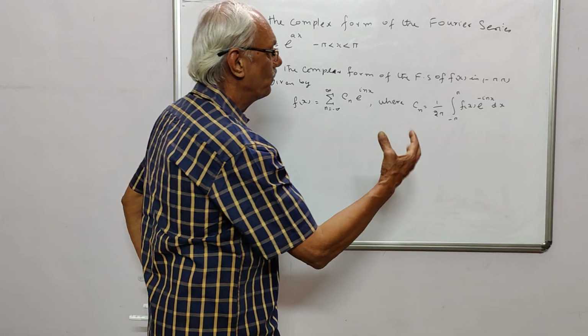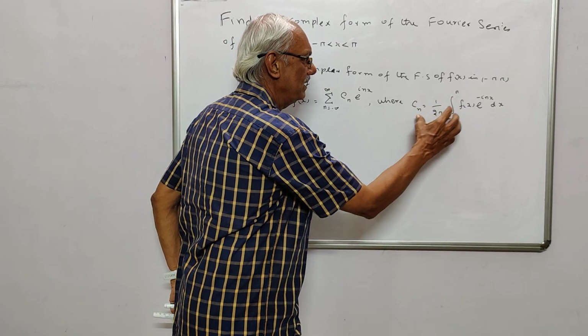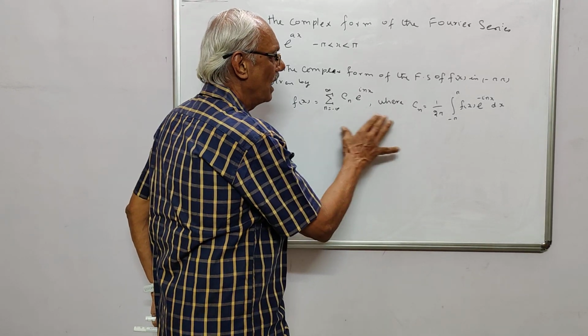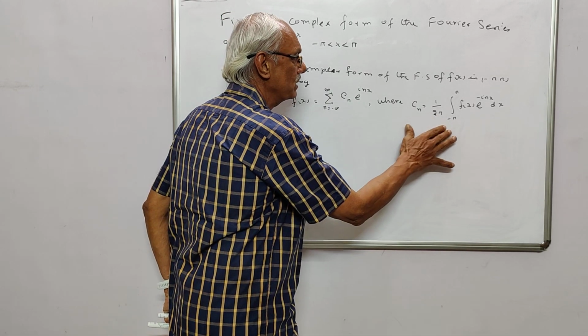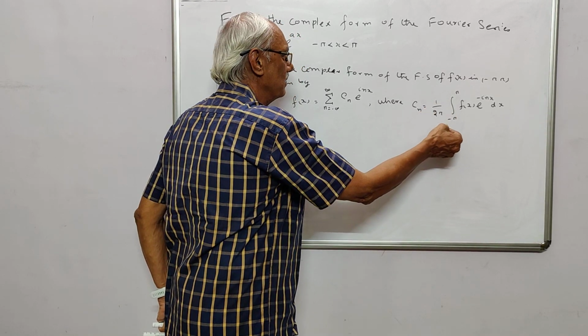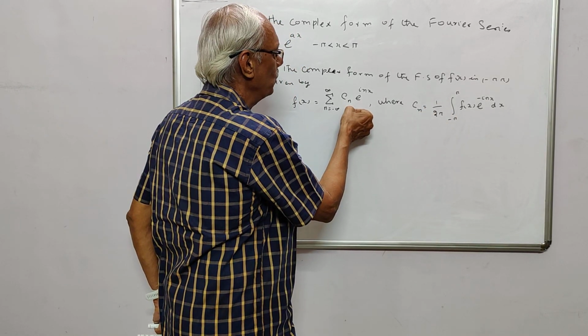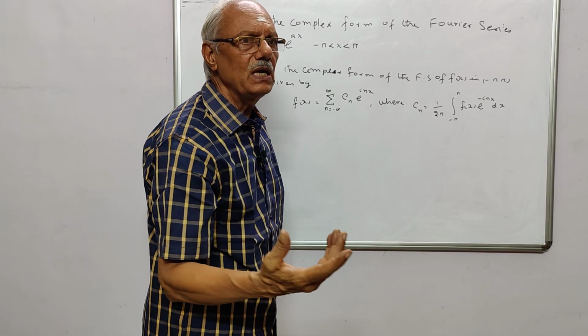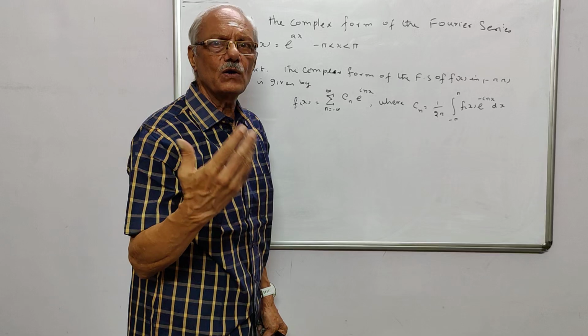Now, what is my job? This is the Fourier series, and this is the Fourier coefficient, and this Fourier coefficient Cn has to be determined, and you have to substitute in this place so that you will get the Fourier series in the complex form.